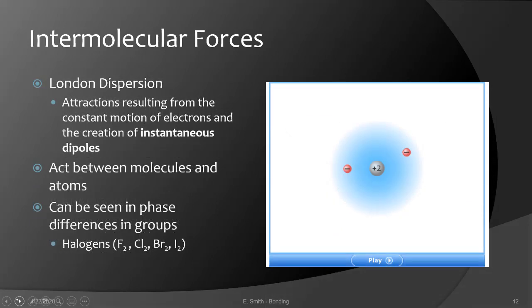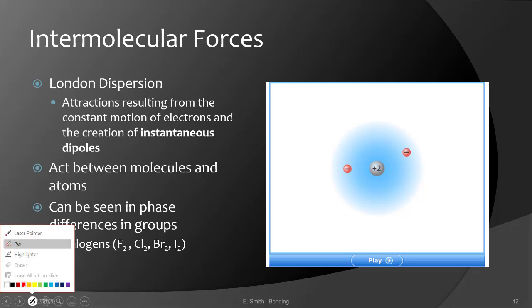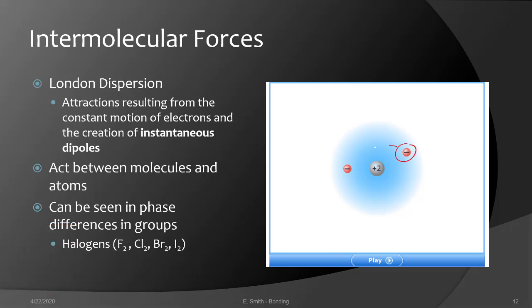Now, the one last intermolecular force we're going to talk about is London dispersion. And this is literally caused by the motion of the electrons. The electrons are constantly moving. But here's the thing, they don't move in a perfect circular orbit, and they also don't all move at the same speed. So what can actually happen is we can create what are called instantaneous dipoles, where literally the electrons here can move and align themselves so that there's more electrons over here than over here.